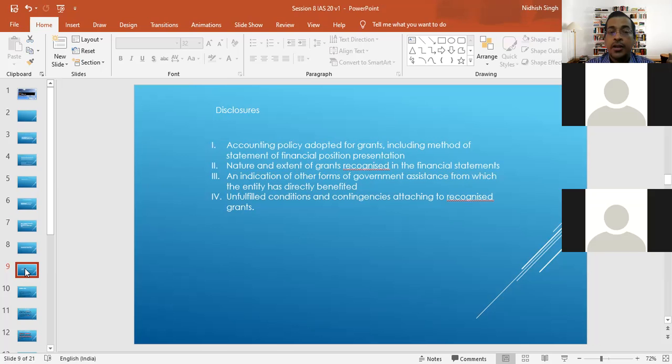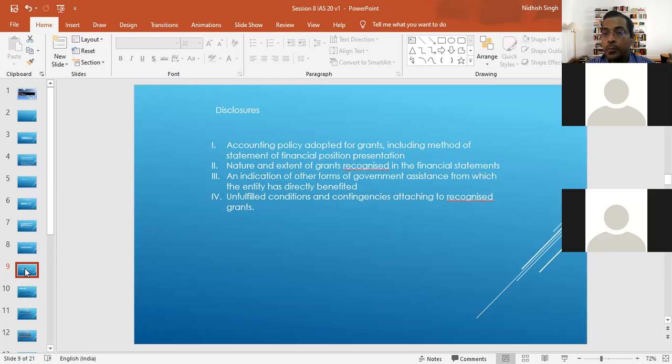Next, nature and extent of grants. I think we have talked about this one: what is the nature, what is the detail, what grant is given, what are the terms and conditions, what are the clawbacks. If you do not fulfill the project requirements, terms and conditions, or qualitative and quantitative criteria, then what can happen?